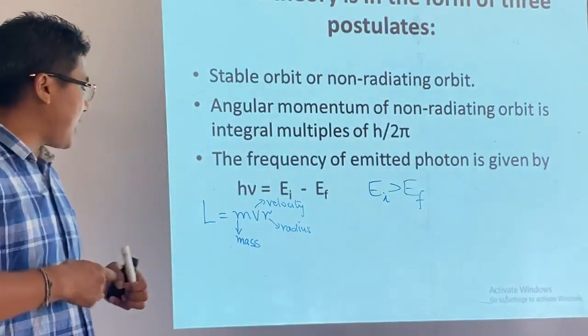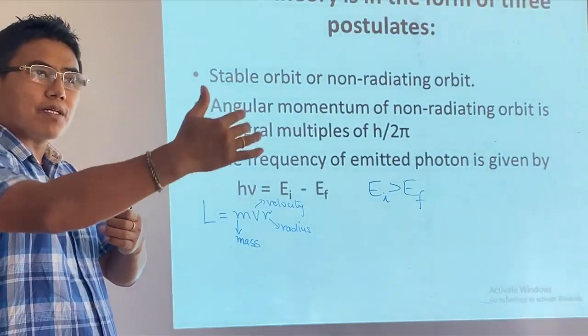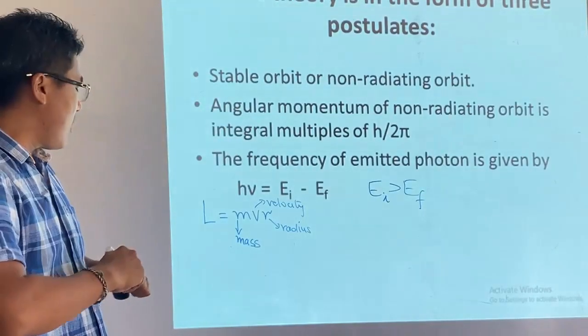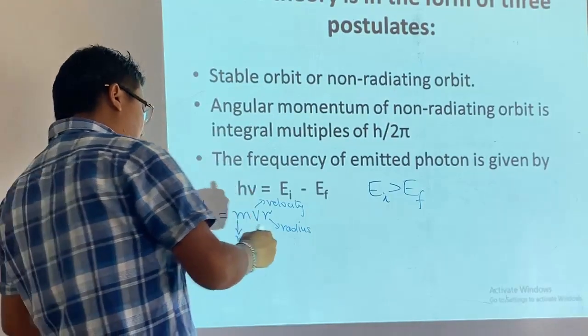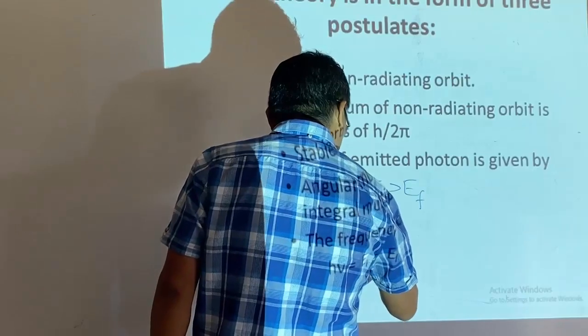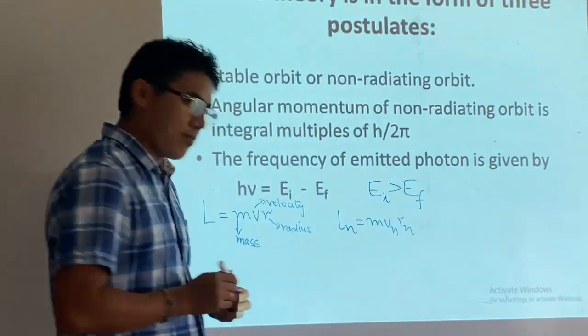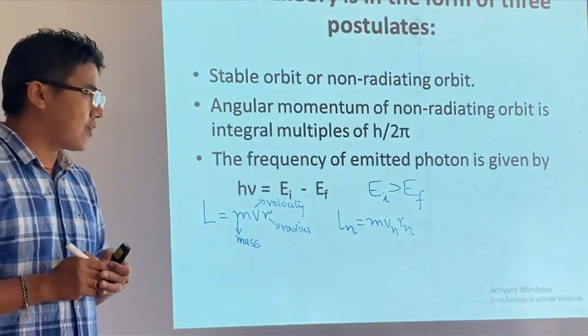Now, if the electron is going around the nth orbit, he says that the angular momentum for the nth orbit must be m v_n r_n.